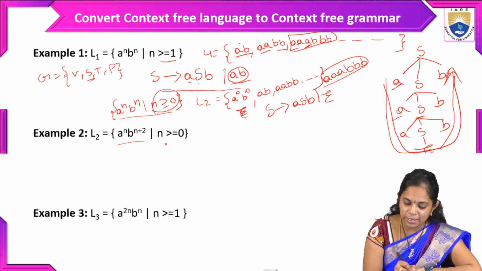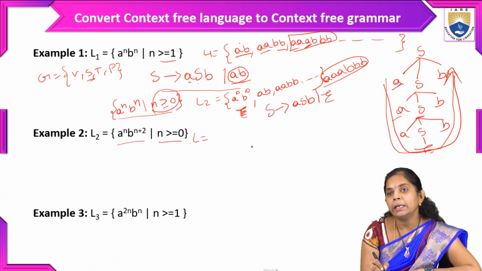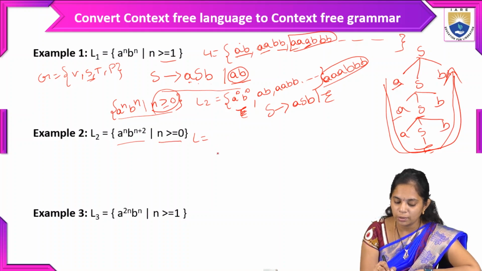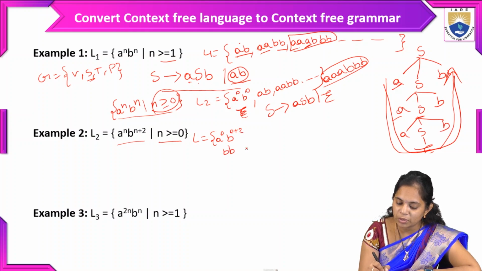Let me write the language elaboration: a power n, with n greater than or equal to 0, and b power n plus 2. If n is equal to 0, a power 0 and b power 2, because 0 plus 2 gives only b power 2, so we write BB.